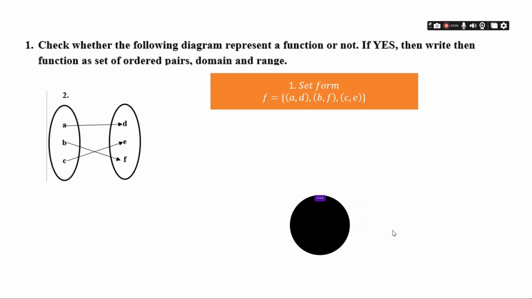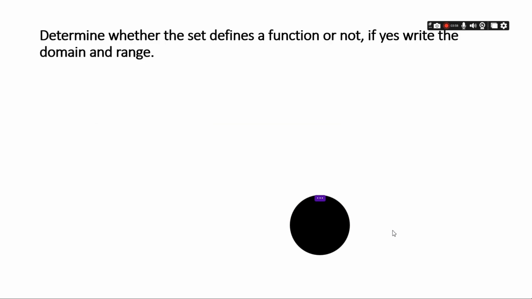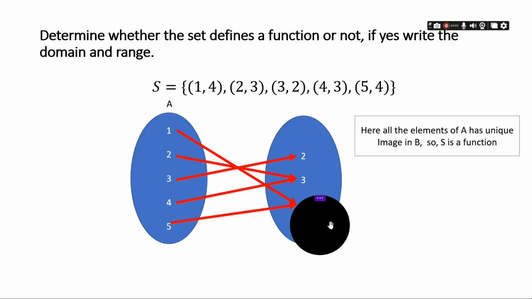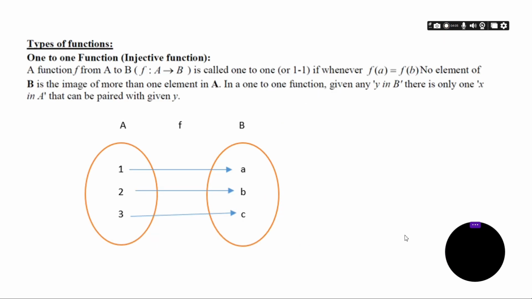This is another question. Types of function: one-to-one function. It means one member of A goes to only one member of B. 1 goes to 1, 1 to 1, 1 to 1, not many to 1.